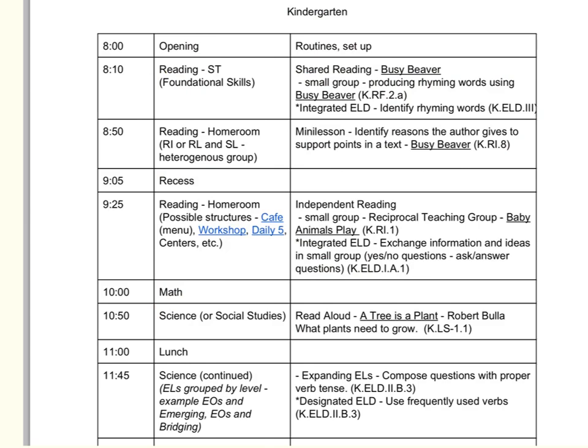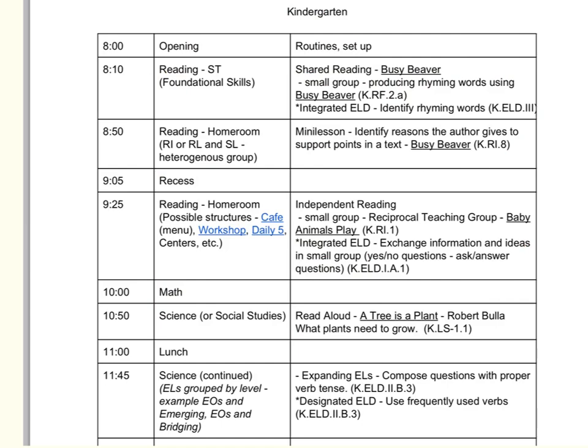So this is the science, life science, LS, standard for that. So there's a read aloud, and then this is the designated ELD time. So we're looking at one level, expanding students, and Son will talk about what they do during this time.